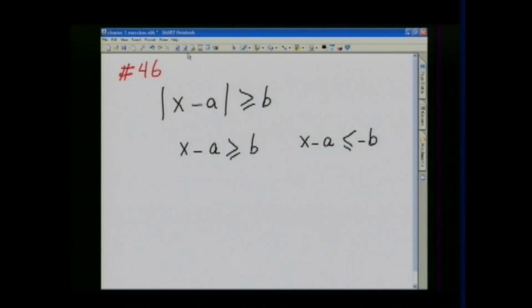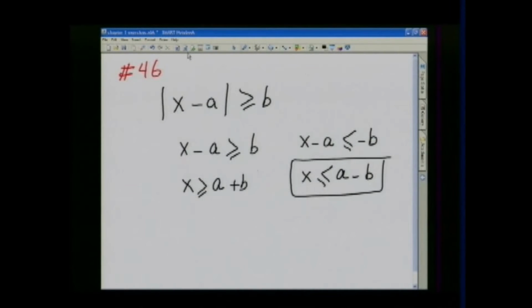So here it would be x greater than or equal to a plus b, and here would be x less than or equal to a minus b. These are the two answers.